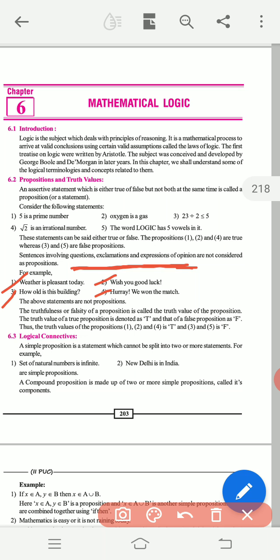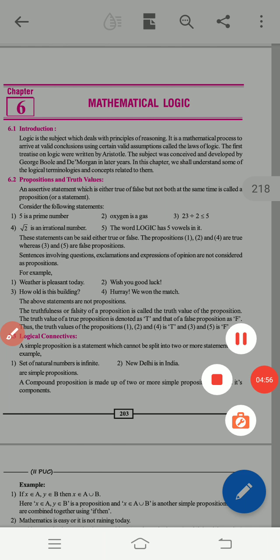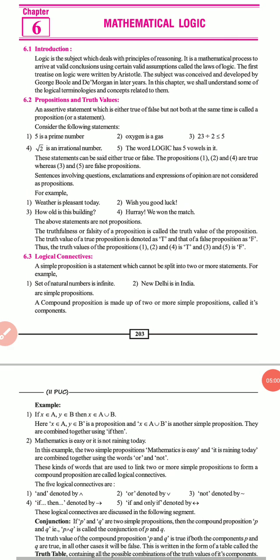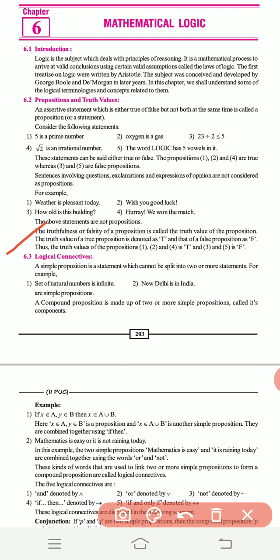Next, see here, the truthness or falsity of a proposition is called truth value of the proposition. If either a statement is true or false, that is considered as truth value of the proposition. Truth value of a true proposition is considered as T. T means that is a truth value.